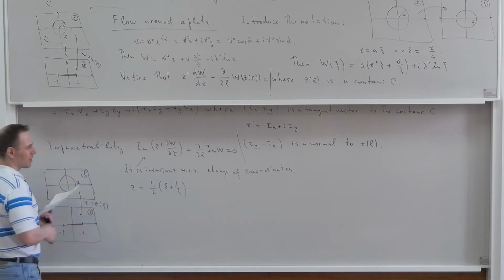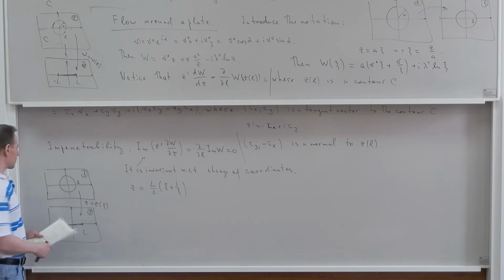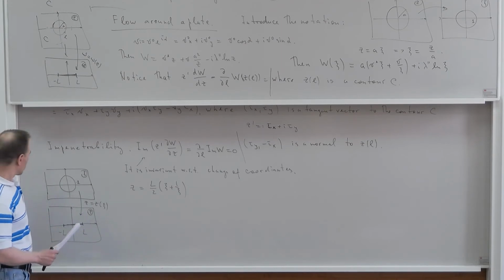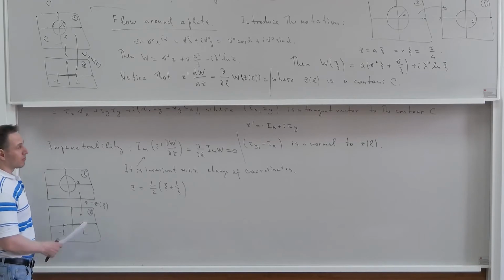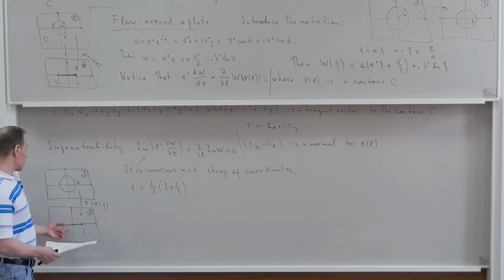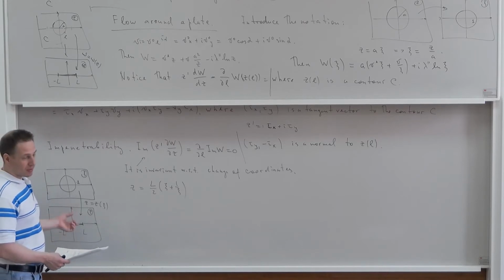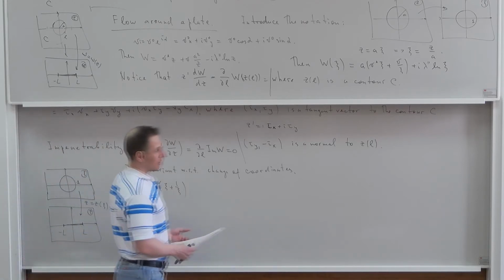It should be noticed that the problem of a flow, a flat parallel flow around a plate, is an important problem. It is important because this plate is a simple model, the simplest model of an aircraft wing.